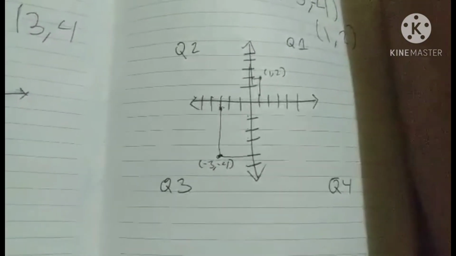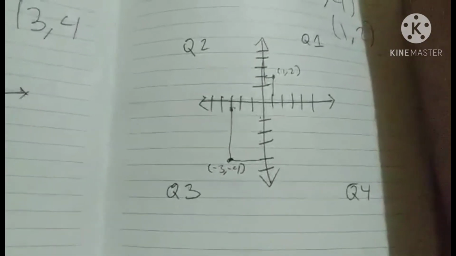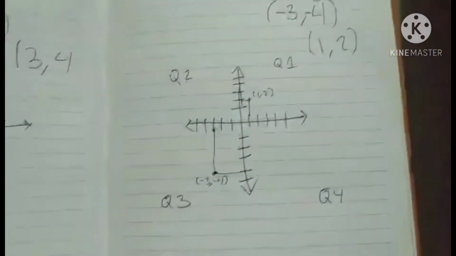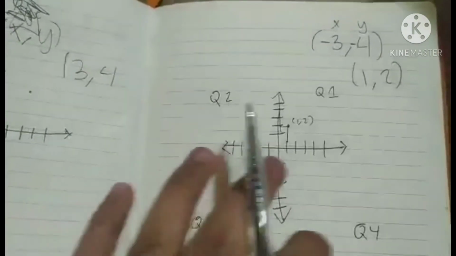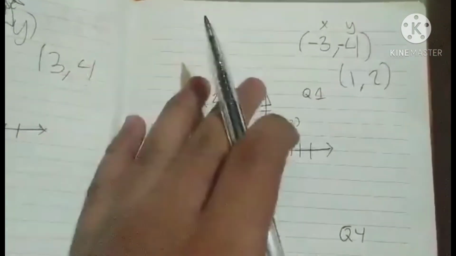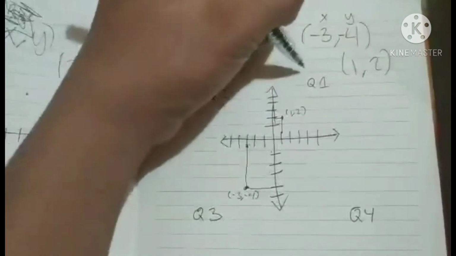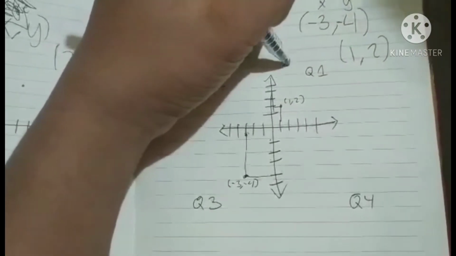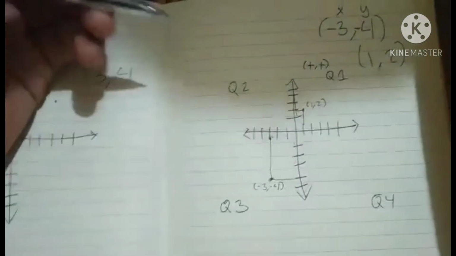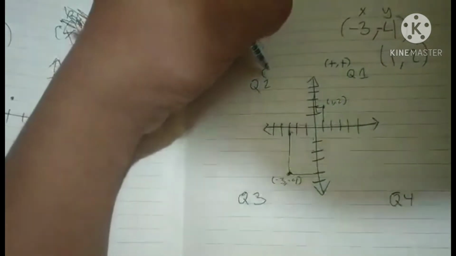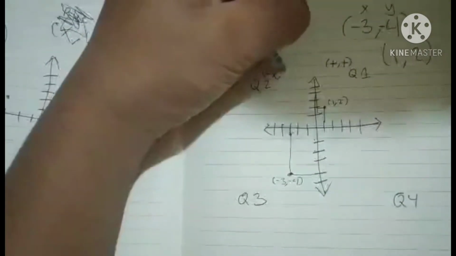Another way to identify the quadrant of a specific point using a specific ordered pair is like this. If you observe the examples, in quadrant 1, both numbers must be positive. In quadrant 2, the number is a negative x but positive y.